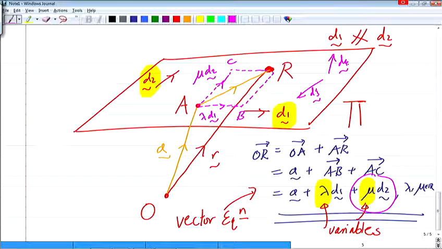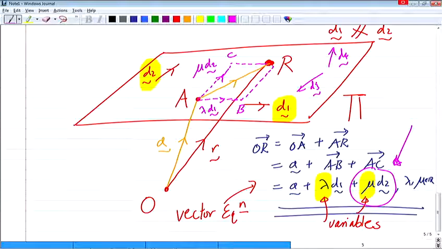D3, D4 is still parallel to the plane, so I can still use them as direction vectors. So this equation definitely is not unique, first thing. Second thing, D1, D2 are also not unique up to parallel vectors. I can actually find another pair which is not parallel to D1, D2, which will still describe the same plane. This is something that we don't like because it's not unique. In math, we always like two things, existence and uniqueness.